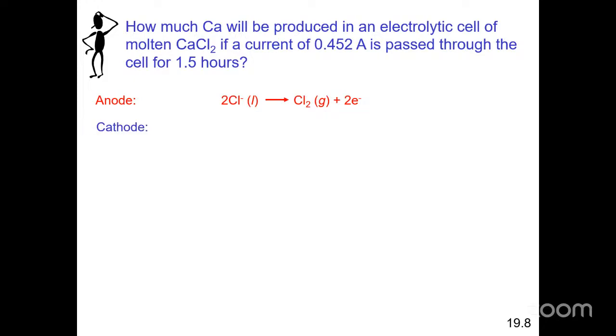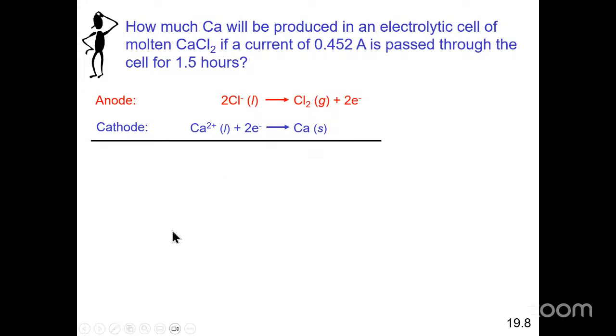But what you really need, because you're talking about the formation of calcium, is the equation that will take place at the cathode, where the calcium ion will be reduced to form calcium solid. So this is the equation that we'll be using, not so much this equation, right? And you'll notice that there's a 2-to-1 mole ratio between the moles of electrons and the calcium, right?